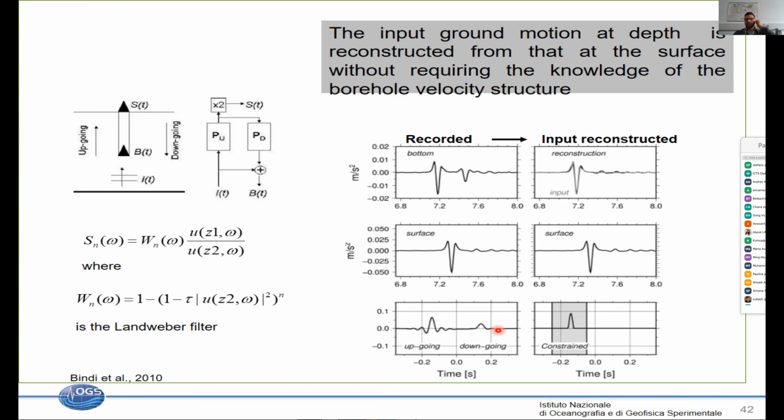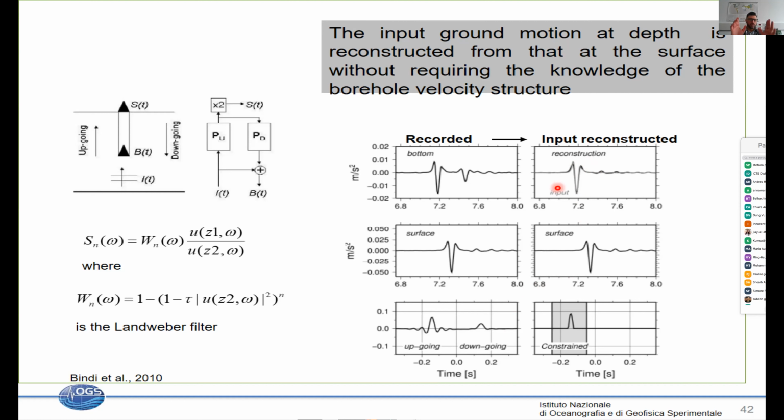So what we can do is cancel, remove the effect of this wave. We only keep this part of the signal. We reconvolve it with the recording at the surface, and we can then, in a very simple way, reconstruct the input motion in the underground without downgoing waves.